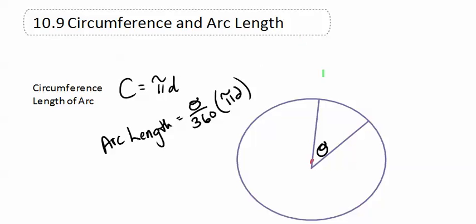And what that does is it gives us a portion of the length of the circumference that corresponds to this angle in here. So it's a portion again of the circumference.